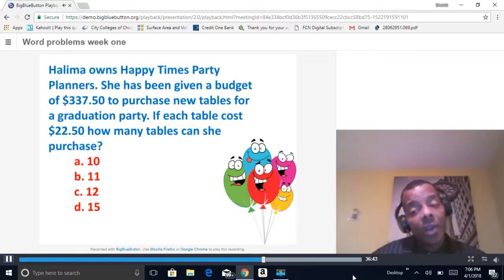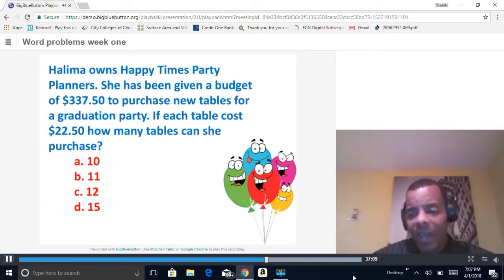Now, there's a long way you could do this. You could take your money amount and buy one table. What does that mean? You would subtract $22.50 from your amount, $337.50. Then you would have some money left. Hey, I can buy another table. You would subtract $22.50 from that remaining amount. Hey, I still got some left. I can buy another table. You would subtract that. That would take a long time.